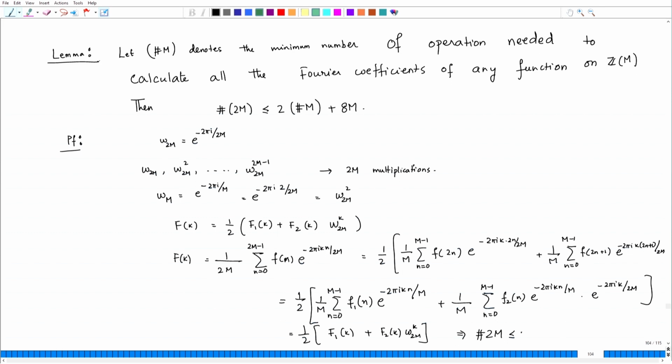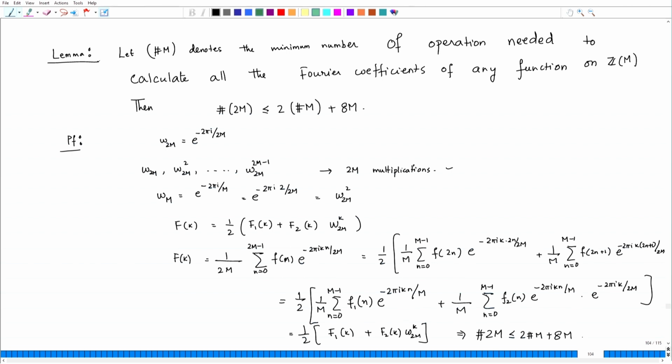So, this is 2 times the number for m, then 3 into 2, that is 6 m, plus the 2 m multiplications we computed earlier. So, this will give us 8 m. That is what the lemma is saying.